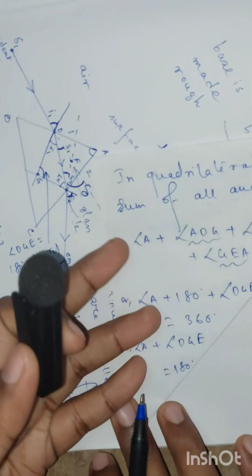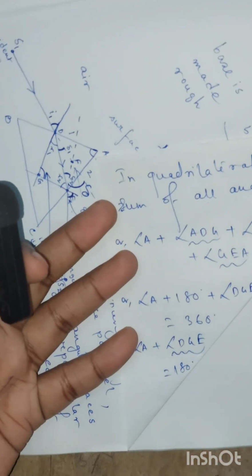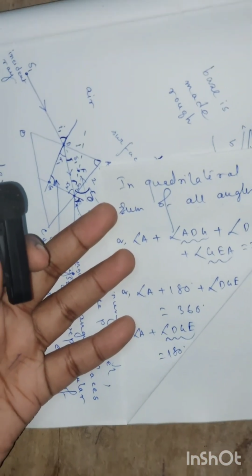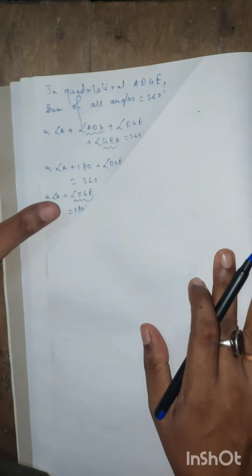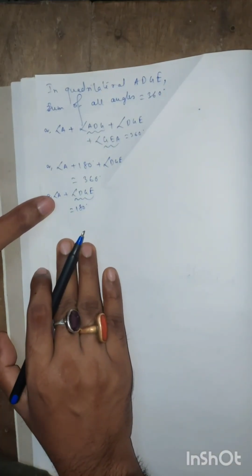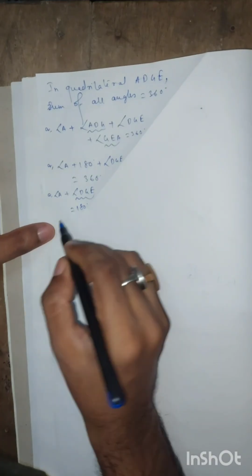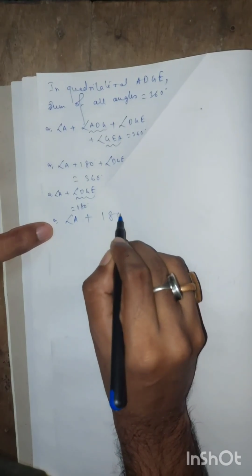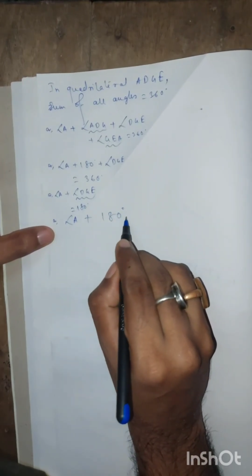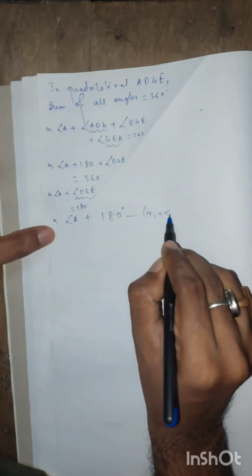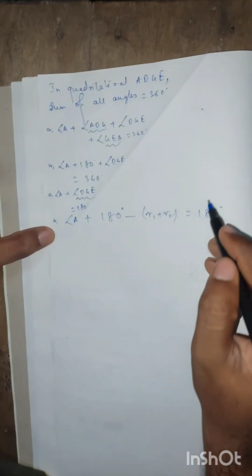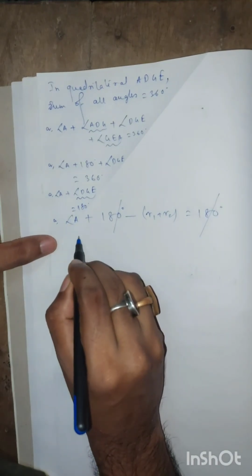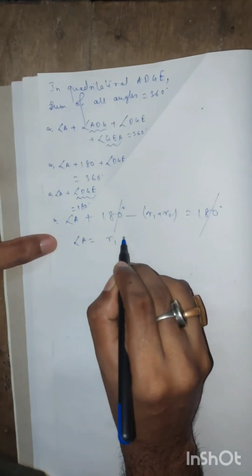So now we are putting the value of it in place of DGE. In place of DGE, we can write 180 degree minus R1 plus R2 equal to 180 degree. So we can cancel 180 degree, 180 degree. So angle A is equal to R1 plus R2.